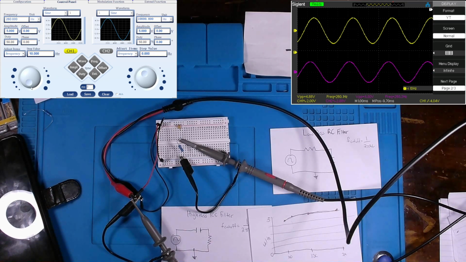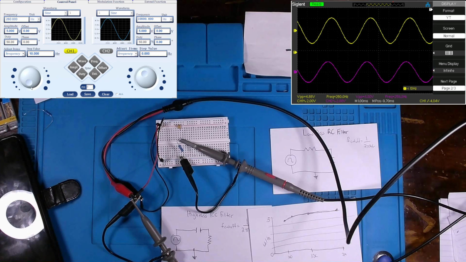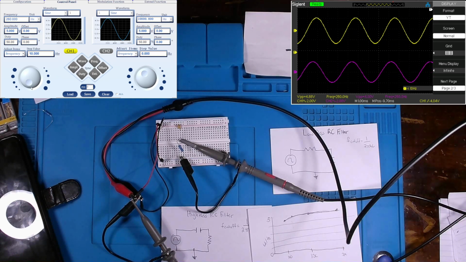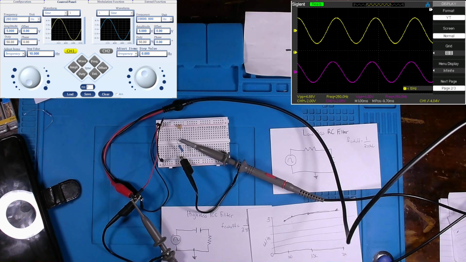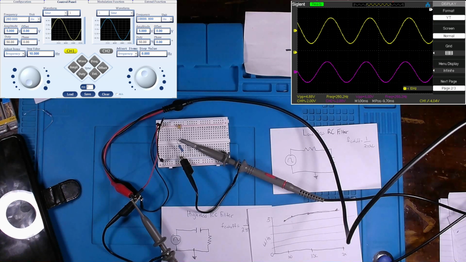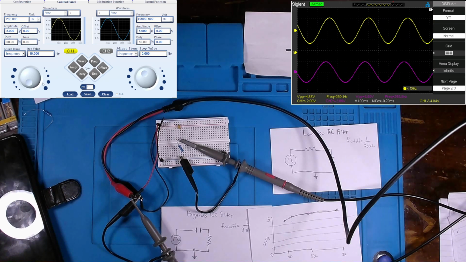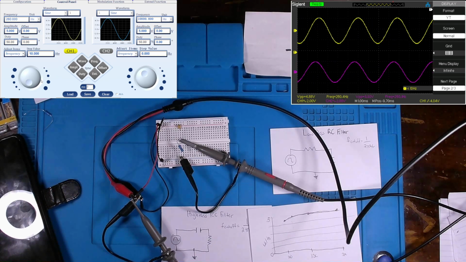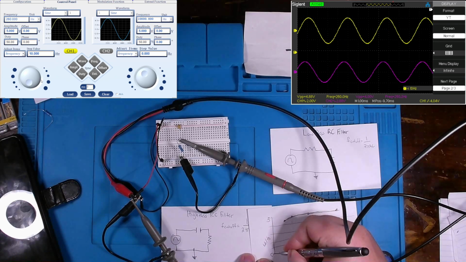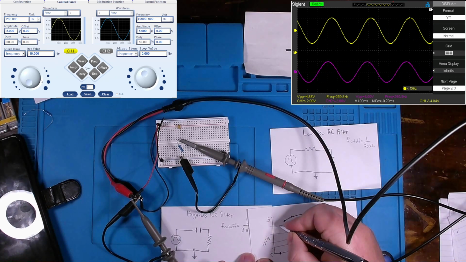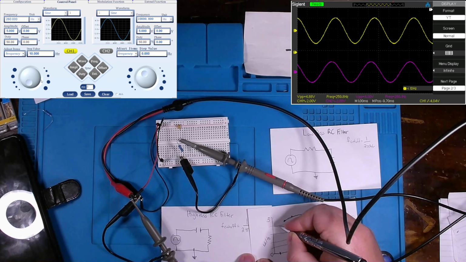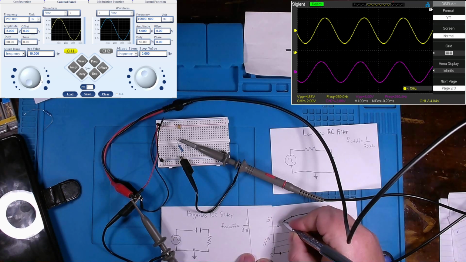But that phase shift is ever so slight. Well, 90 degrees, but anyways, we're at 4 volts now at essentially 250. So I'm just going to put a little dot here.